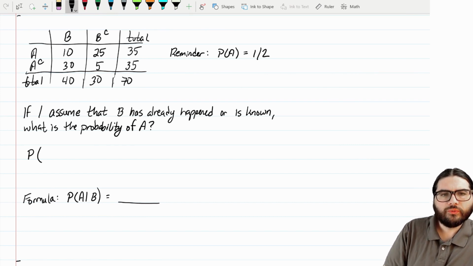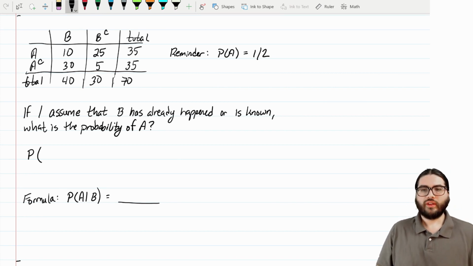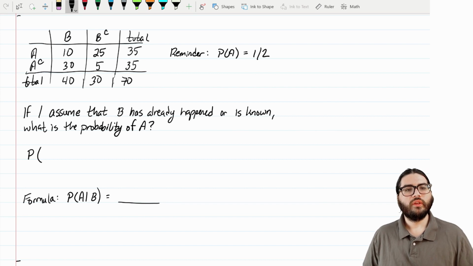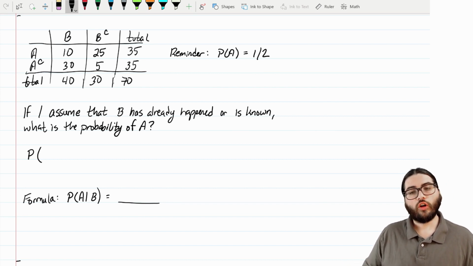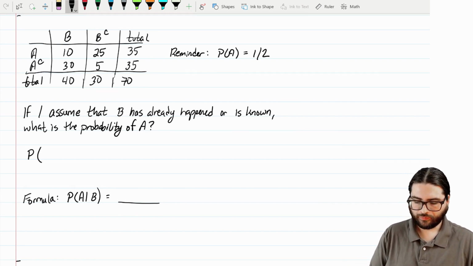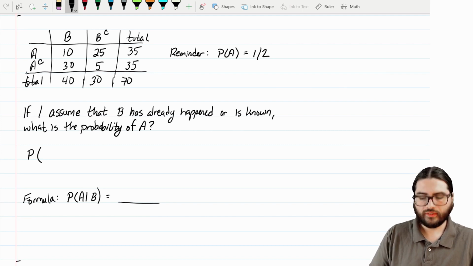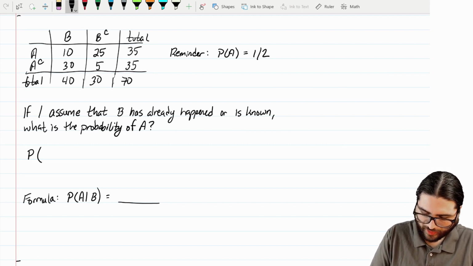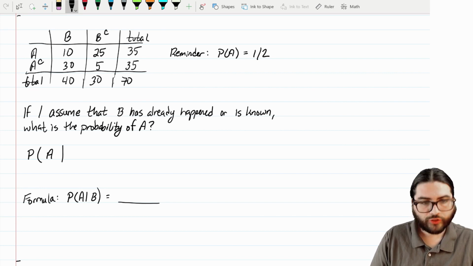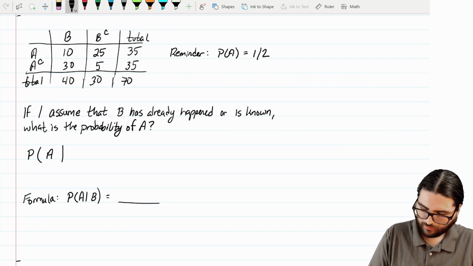So if I assume that B has already happened, or I already know that I'm in group B, then what is the probability of also being in group A? The way I would write that is like this. What is the probability of A given that, or assuming, I already know that I'm in group B?